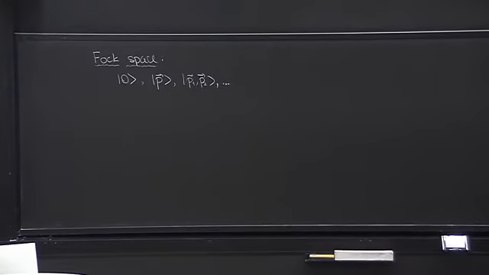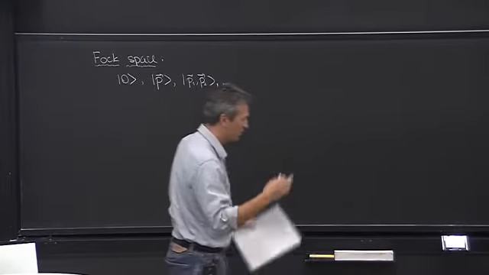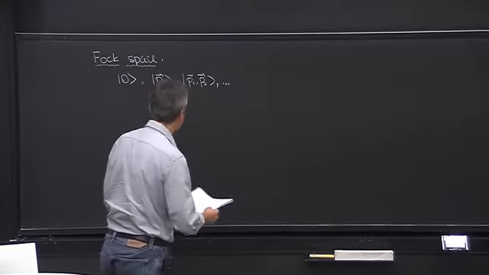Now, of course, the number of particles is conserved, so the Hamiltonian will act, in a sense, horizontally in this space. So it will not mix states with different numbers of particles. But yet it is convenient to introduce operators that jump between different levels in the Fock space so that they change the number of particles.